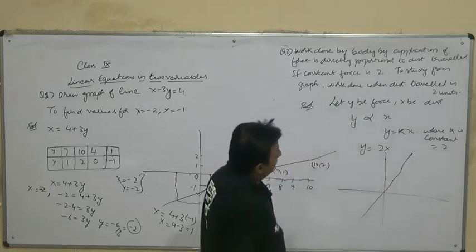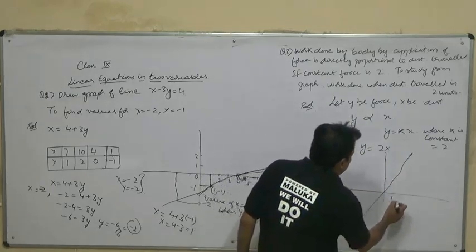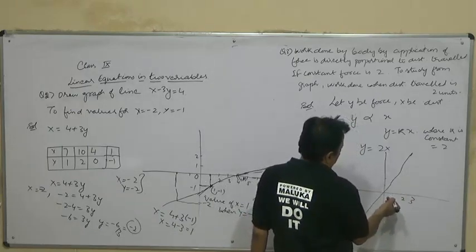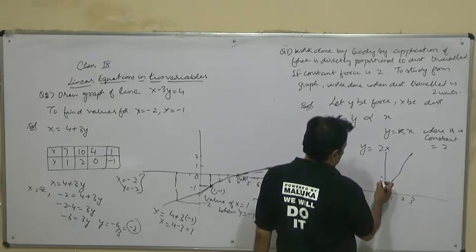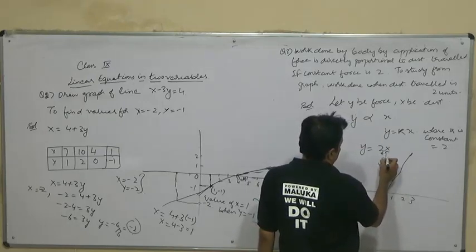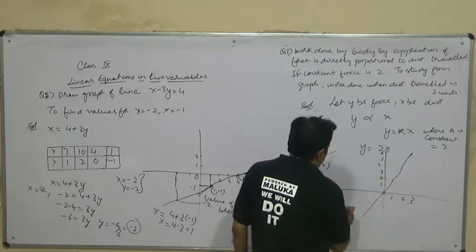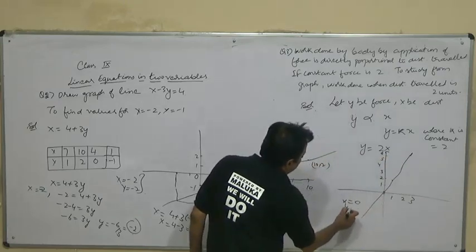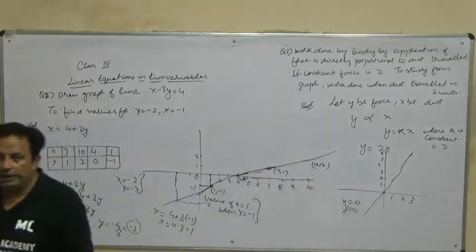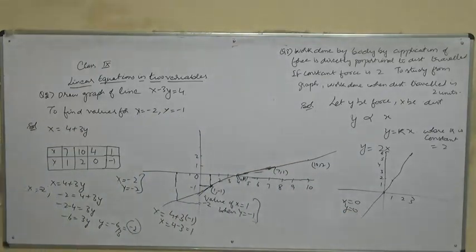What do we interpret from here? We know that when x is equal to 0, y is equal to 0, that is, when no distance is moved, no work is done.